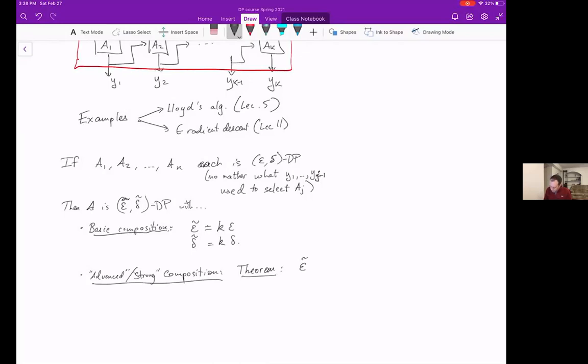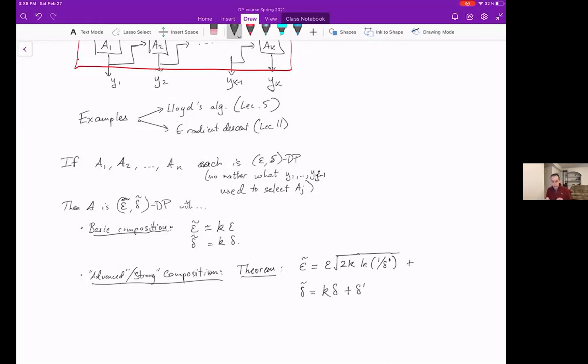Epsilon tilde can be taken to be the original epsilon times the square root of 2k, so something more like square root of k, times log of 1 over a new parameter, delta prime, plus another term. And here delta tilde is k times the original delta plus delta prime.